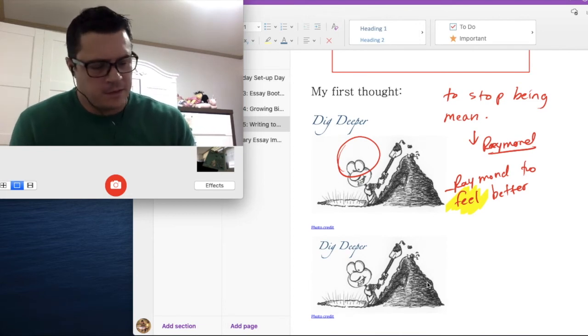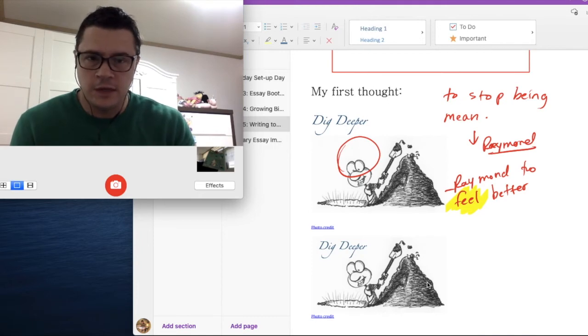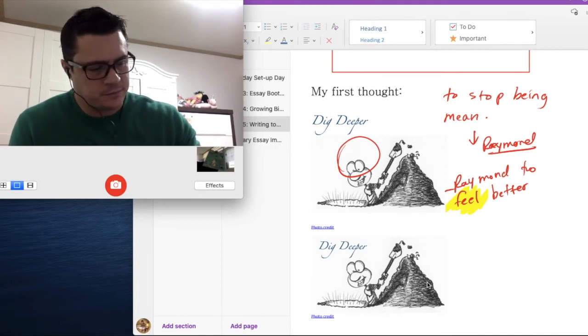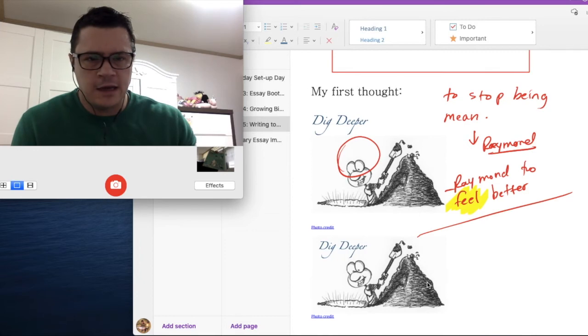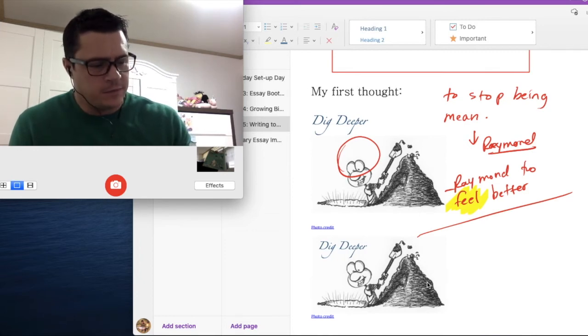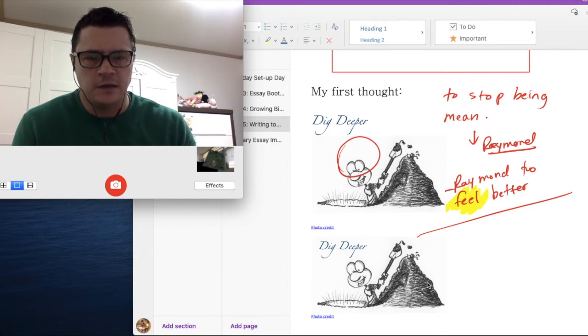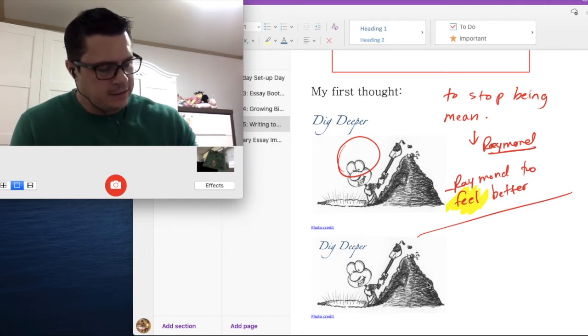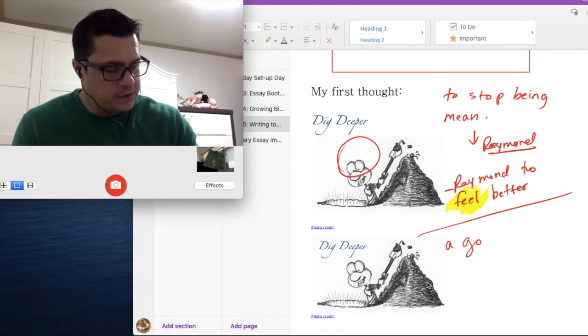Okay? So if we take that same thinking and apply it to what we're doing here as writers, we could say that maybe it's not just that she wants people to stop being mean. She wants Raymond to feel better. And Squeaky wants to feel like a good sister.